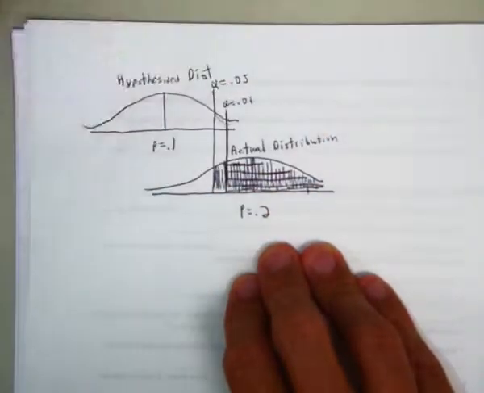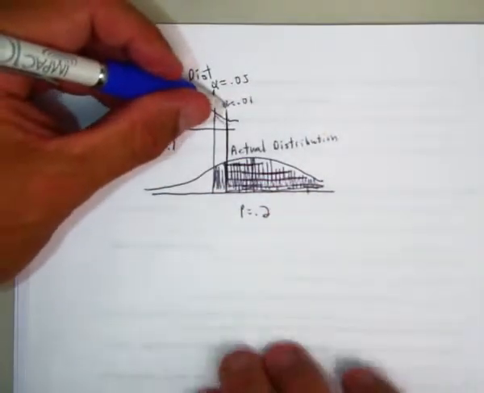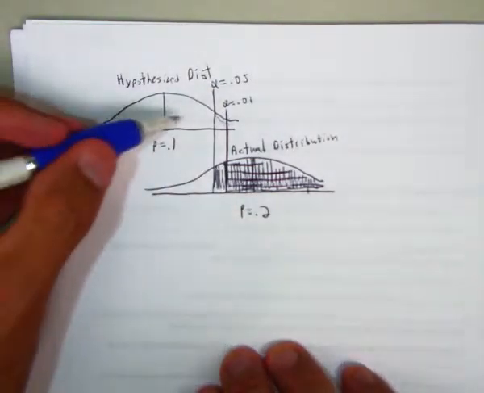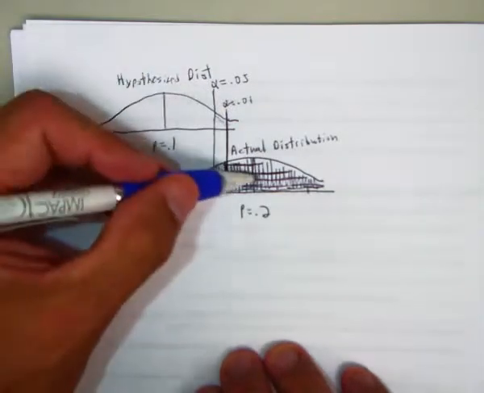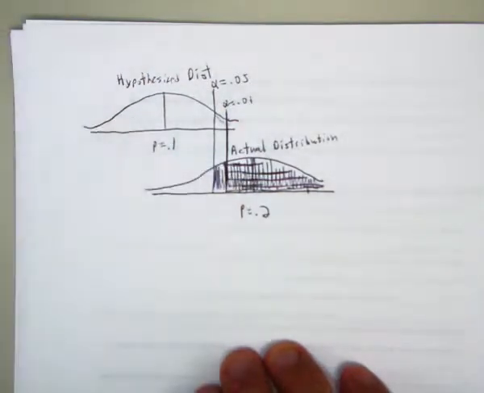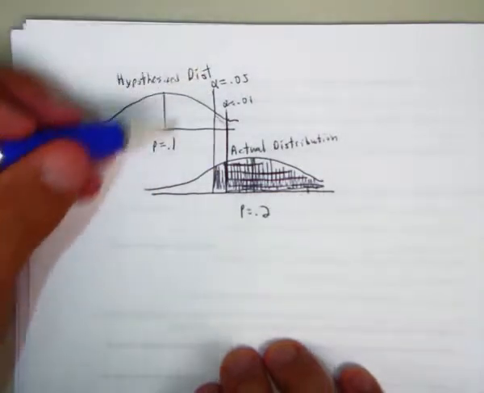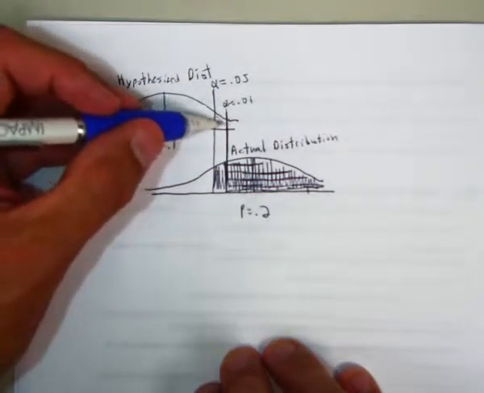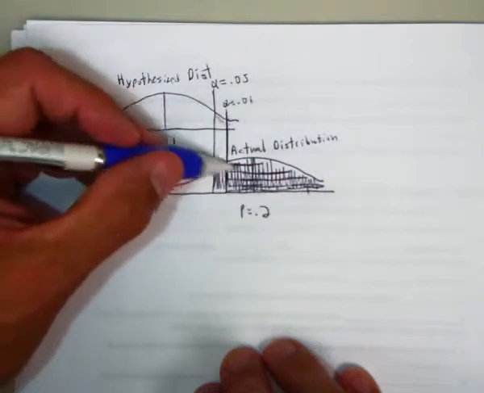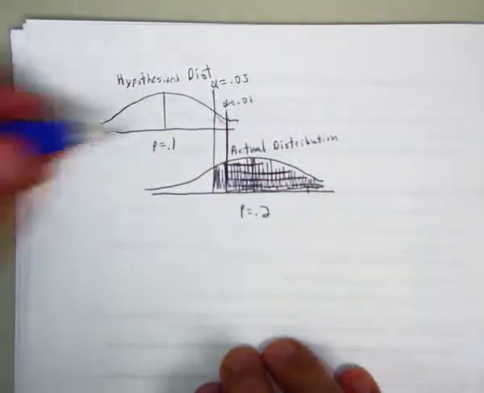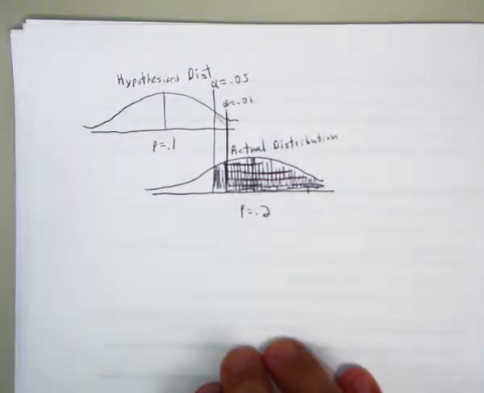So when we decrease the alpha level, we decrease the shaded region from this to this. So when alpha level went down, power went down. I always explain it the other way. I always say when alpha level increases, power increases, because you have a higher probability. Again, we're going to reject anything in this region because our actual region is over here. So higher alpha, more power.